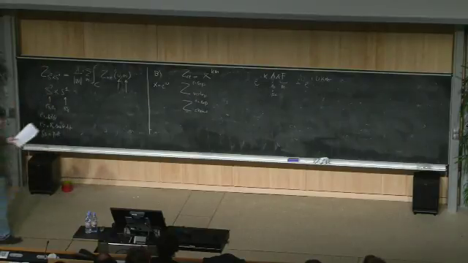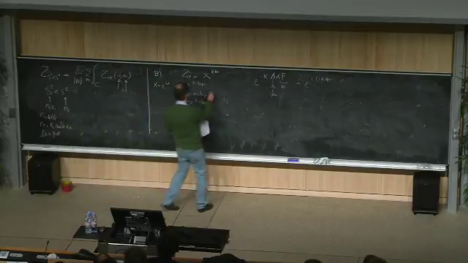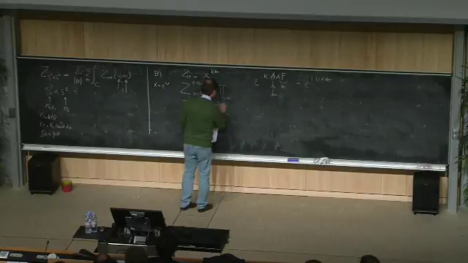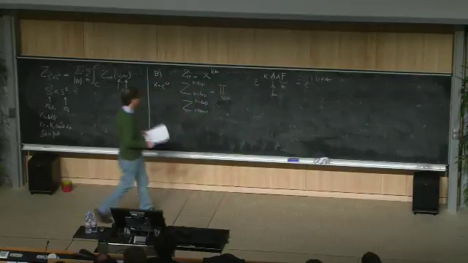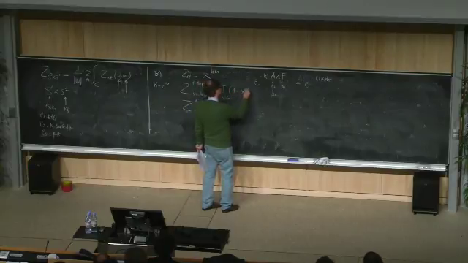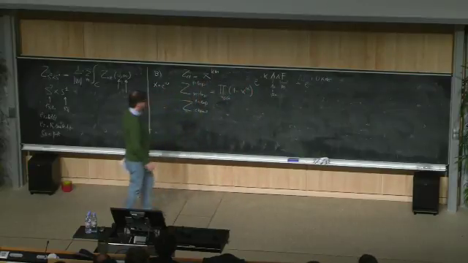In this case, the one-loop determinant for a vector multiplet, if the gauge group is G, gives you a product over all the roots, and you get an expression of this form.